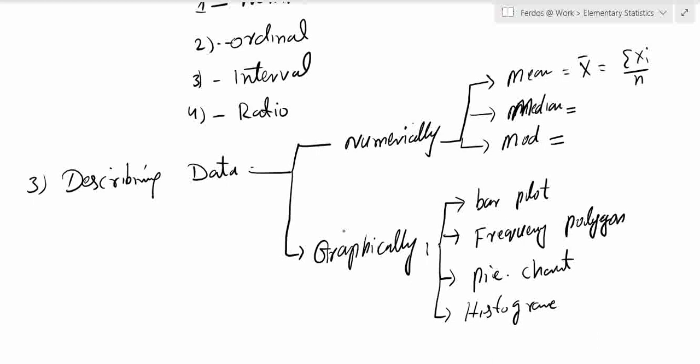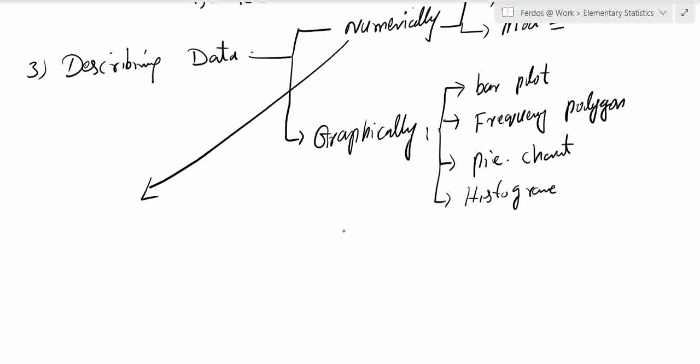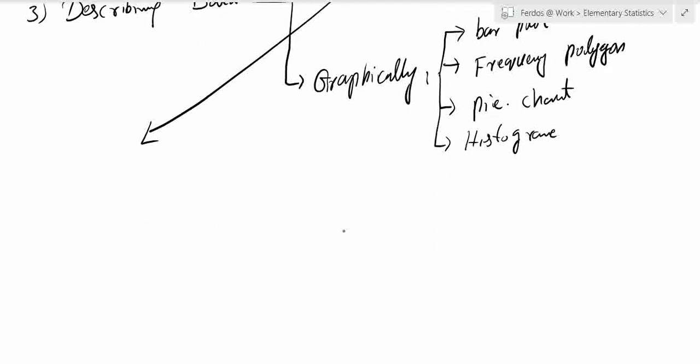Now you can describe data numerically by using these means, but there is another thing that is also a part of this numerical description, that is called variation in the data. How to measure the variation of the data? You can do this by the range, the first one.